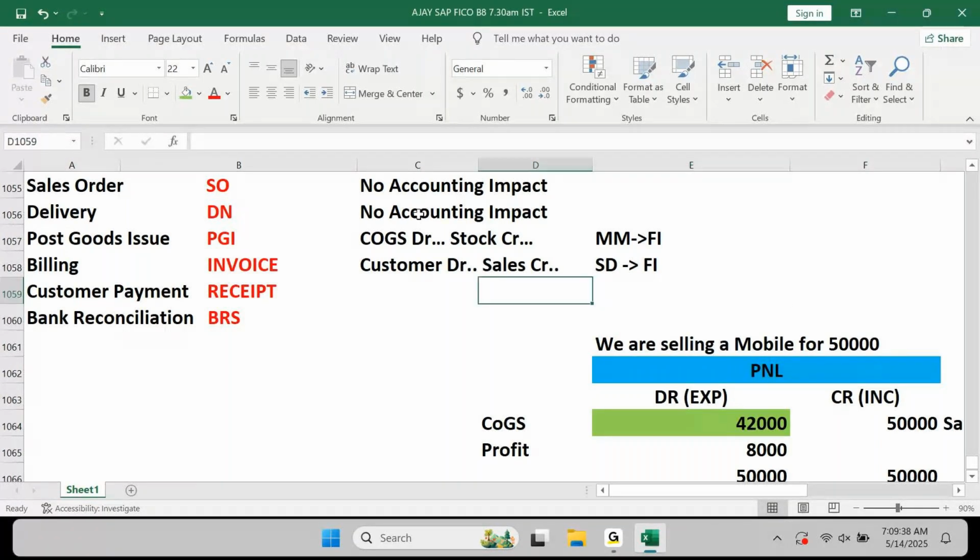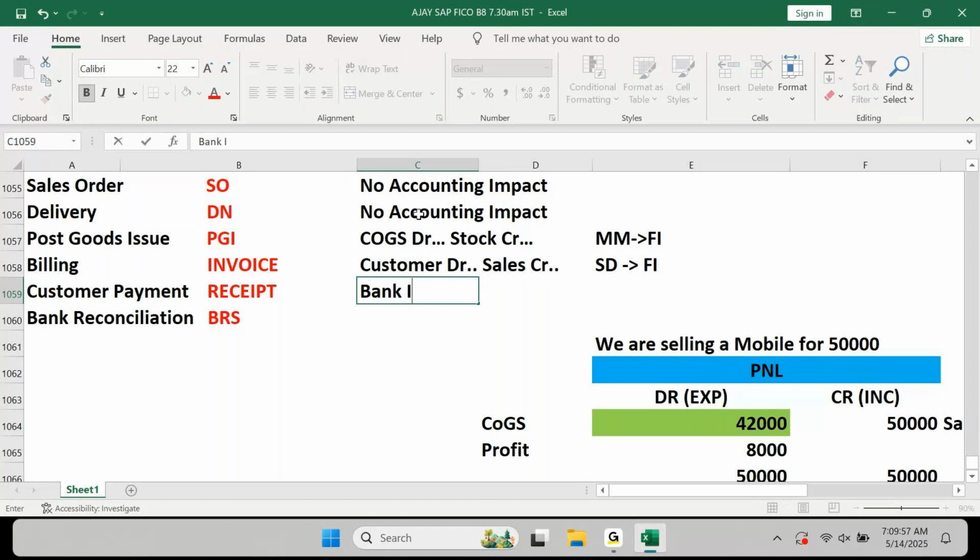Now, when your customer is making a payment to you and you are receiving the money, what entry will you write? Cash to customer. Bank incoming account debit. You'll have to take bank incoming. Majorly, cash has limitations, right?